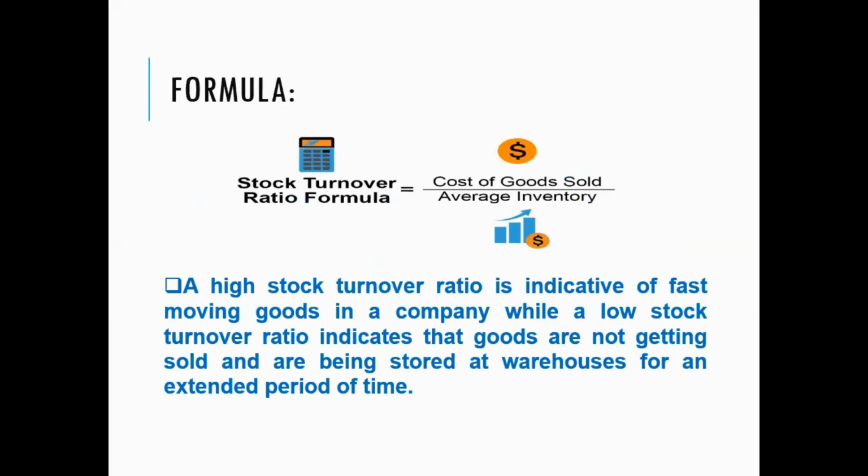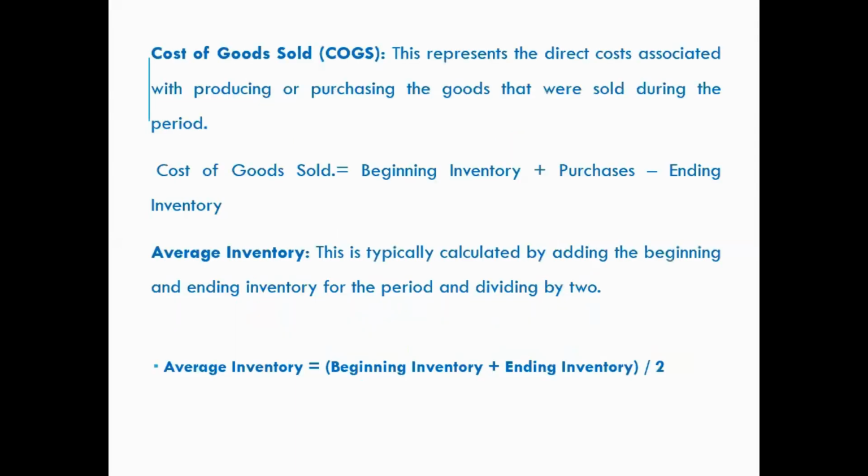The stock turnover ratio formula equals cost of goods sold divided by average inventory. A high stock turnover ratio indicates fast moving goods in the company, while a low stock turnover ratio indicates that goods are not getting sold and are being stored in the warehouse for an extended period of time.